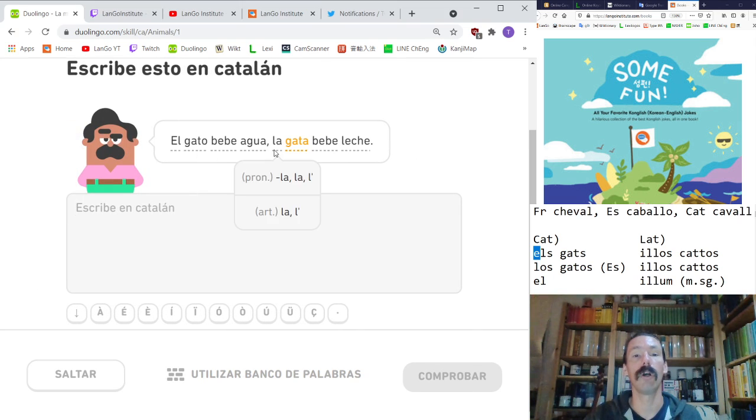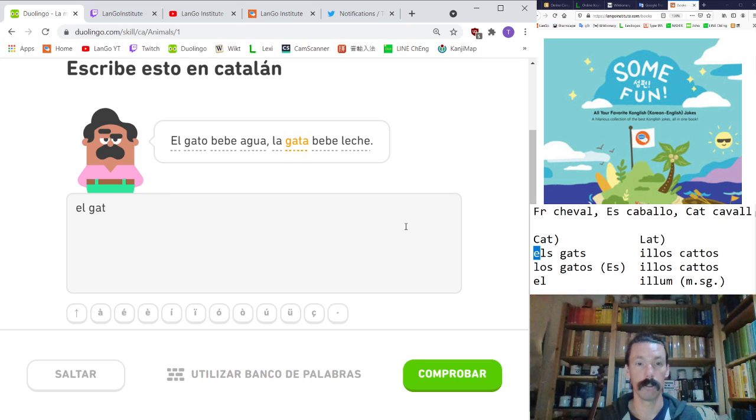El gato bebe agua, la gata, female cat, bebe leche. All right. El gat. Beu is the form corresponding, comes from the very same Latin verb form, bebe, and then it's agua for water. Don't know why.